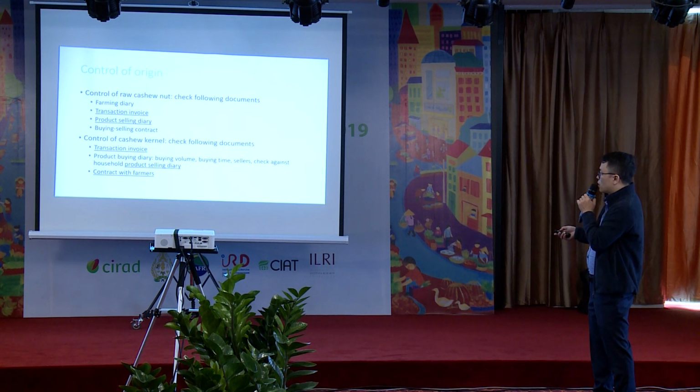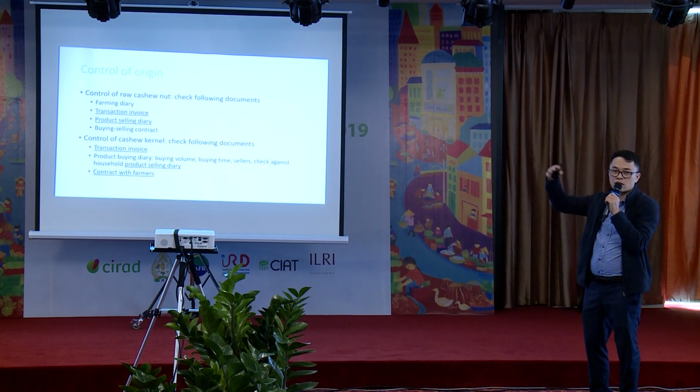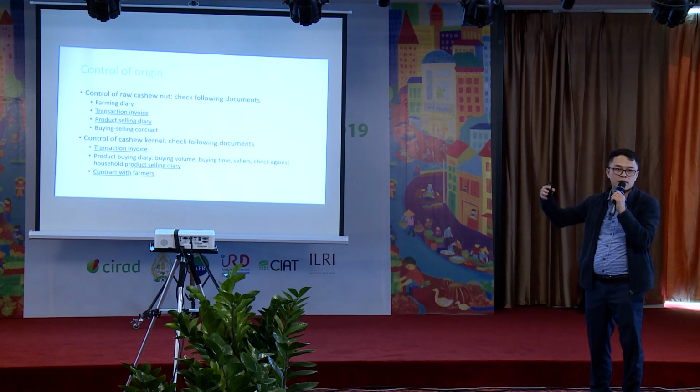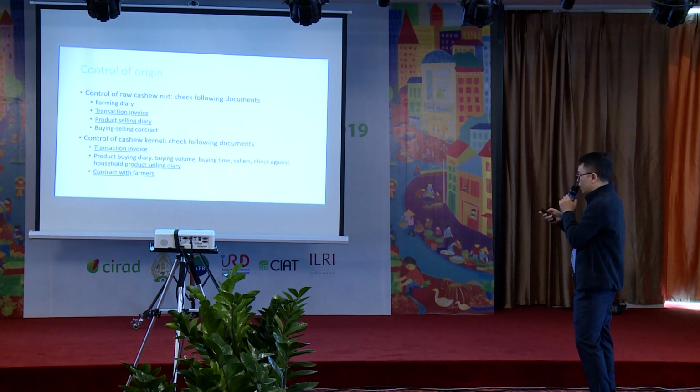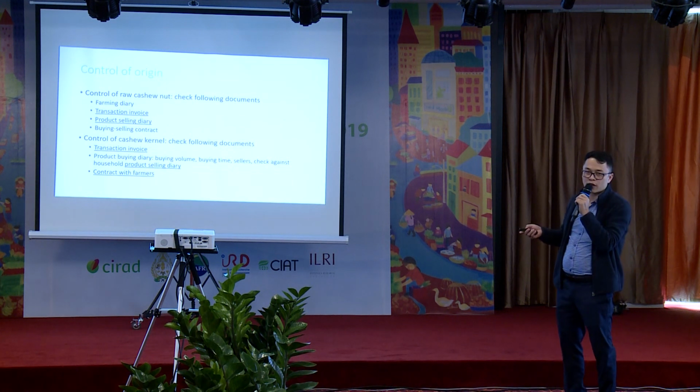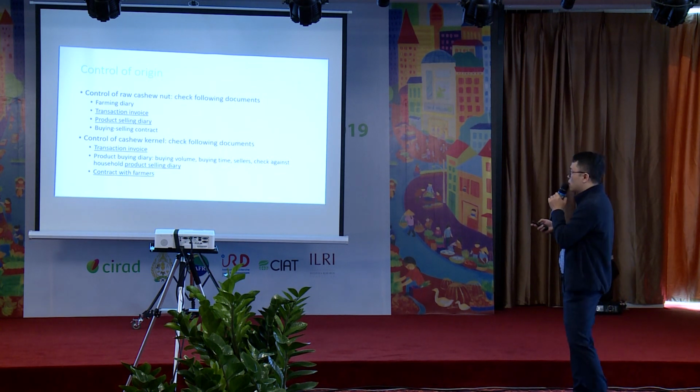Similarly, the farm also has to record the product selling diary. So list all the buyers of the farm, and they have to keep that information. And the farmer also has to keep the contract with the buyer. Buyer here can be a trader or a processing company.